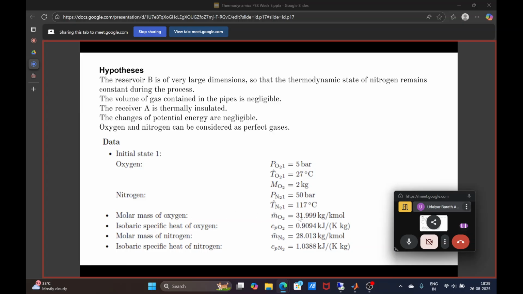The molar mass of oxygen is 31.999, or you can assume it to be 32. Isobaric specific heat of oxygen is 0.9094 kilojoule per kg Kelvin. The molar mass of nitrogen similarly is 28.013 kg per kilomole, and isobaric specific heat of nitrogen is 1.03888.